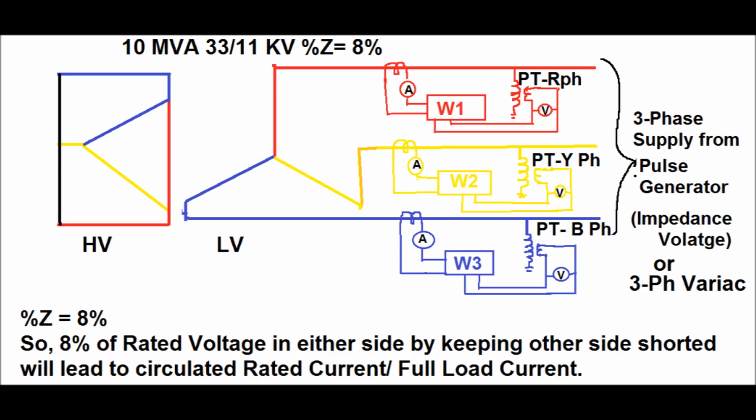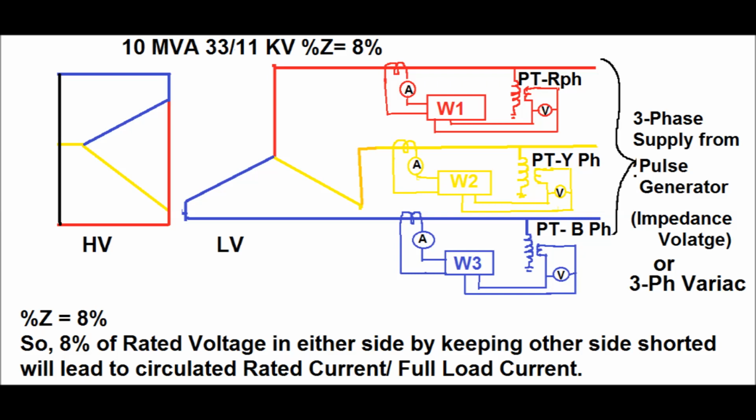Now the arrangement of the short circuit test for the 10 MVA 33 by 11 kV transformer is given in this diagram. Here the HV side, that is the delta side, is shorted, and on the LV side the impedance voltage is applied by means of a pulse generator or a 3-phase variac.